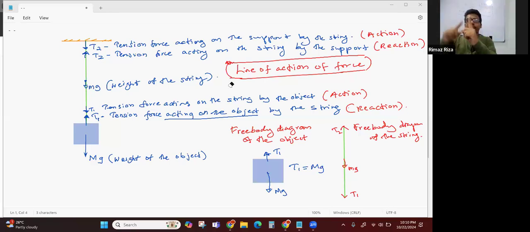That means if the force is in this direction, you can extend it this way and that way. The extended straight line drawn in the direction of the force is known as the line of action of the force. Right? Did you write it?